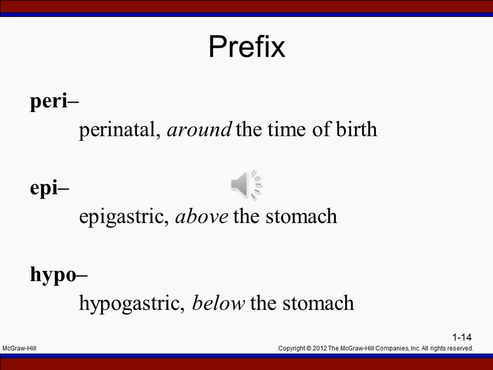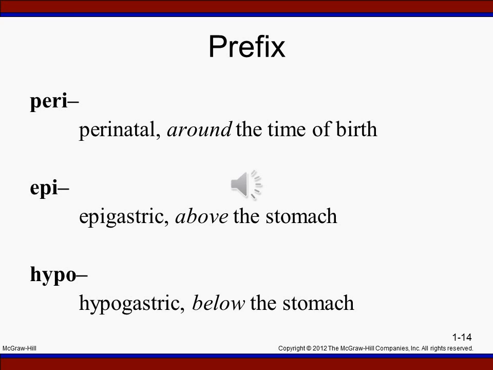In addition to giving numbers to the medical term, it can also describe a situation. Take a look at these three examples. Perinatal. That prefix P-E-R-I means around. So with the root word natal, perinatal means around the time of birth.